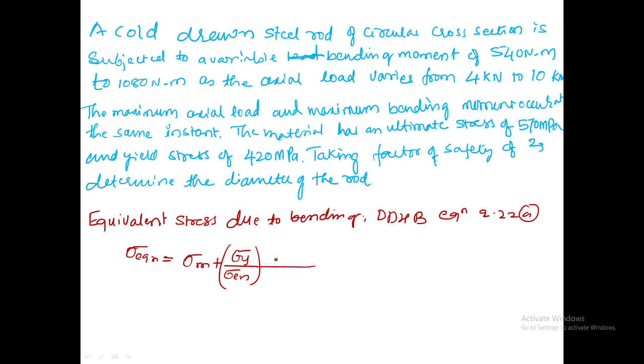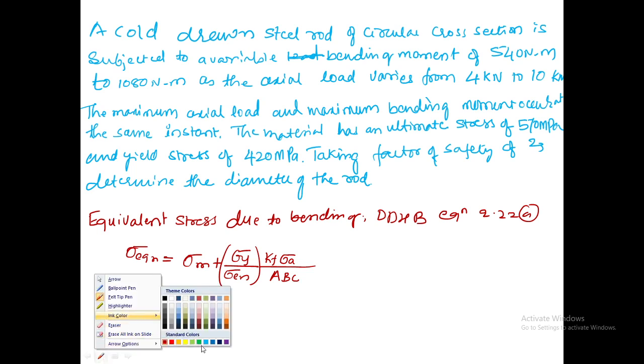Next, this is k f of sigma a divided by a b c. So you look out the parameters here which are not there.